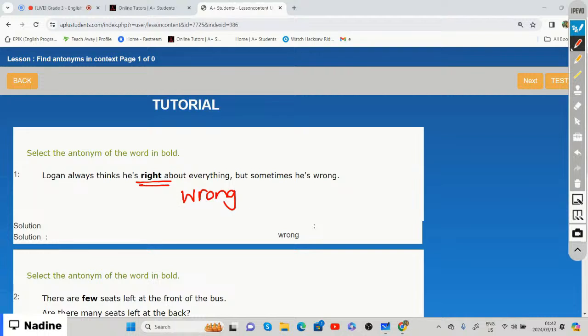If it's not right, and then we're going, so we said he's right, but also he's wrong, because wrong is the opposite of right, or left is the opposite of right, depending on the context of the question. All right.